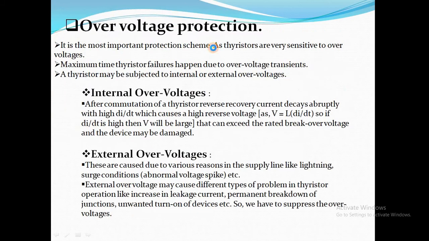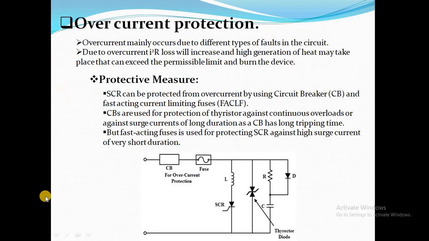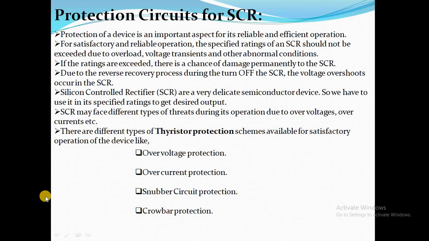The motor has nameplate details, and the nameplate details indicate the rating of that particular motor: what amount of voltage the motor is going to take, and how much current flows through the motor during operation. All those are the ratings.